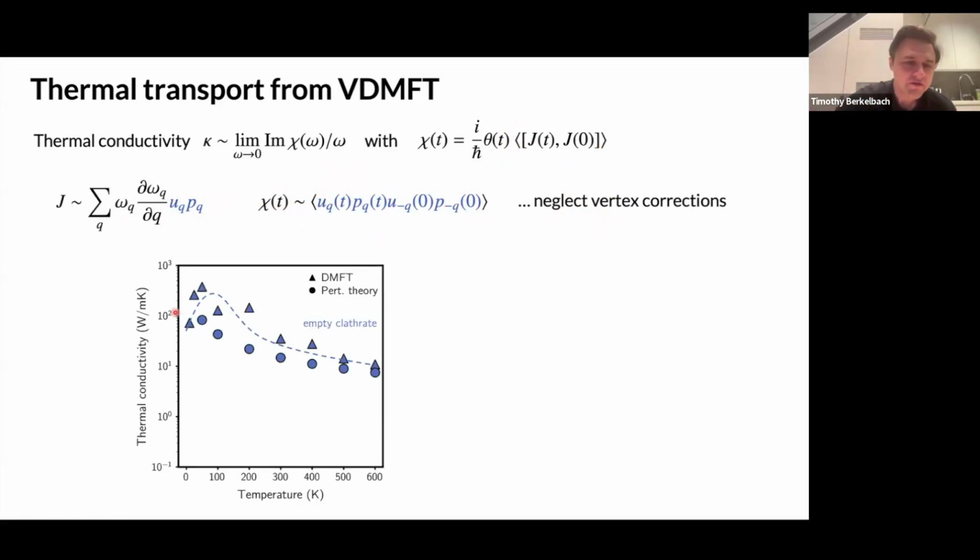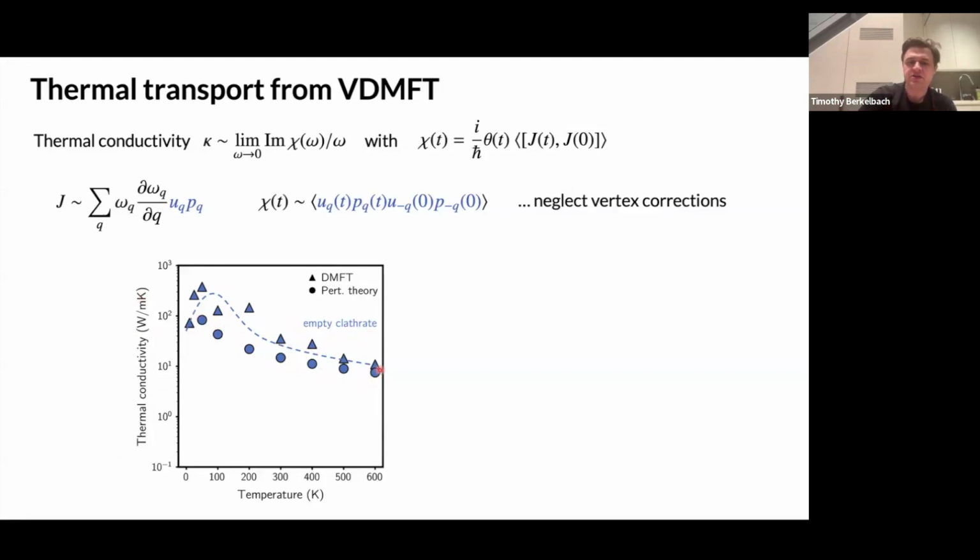So with all of those details swept under the rug, here's a plot for the thermal conductivity comparing dynamical mean field theory and perturbation theory, which is the sort of standard approach to calculate the phonon lifetimes that one needs to calculate conductivities. First, I'm showing you results for the empty Clathrate. Here, there's essentially no anharmonicity, so the conductivity is quite high for these materials.